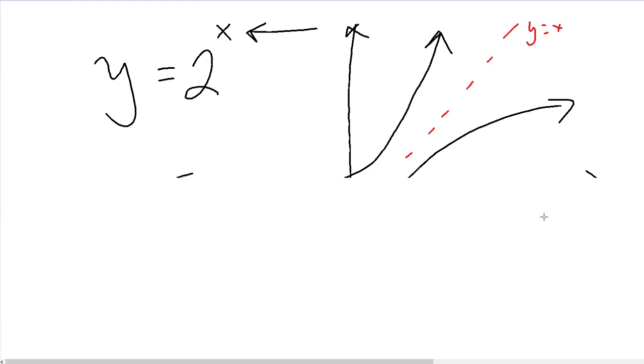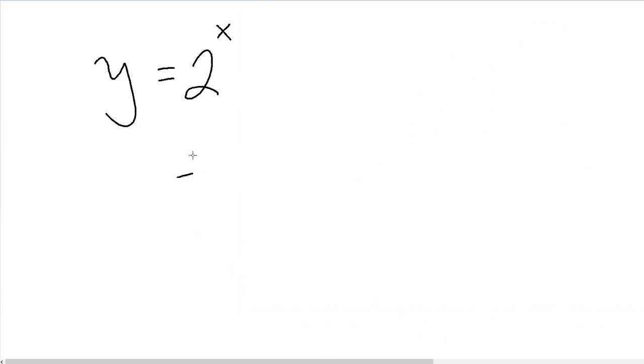So in 1.8, we talked about finding inverses, and we said that in order to do this algebraically, you switch the x and y, so I would write x equals 2 to the y, and then you solve for y. But we don't have a way to solve for this y, except now we do.